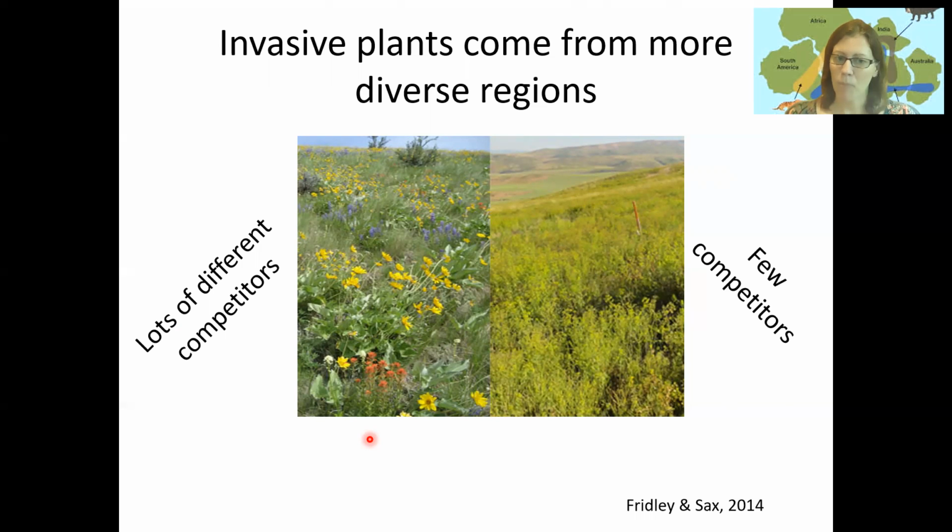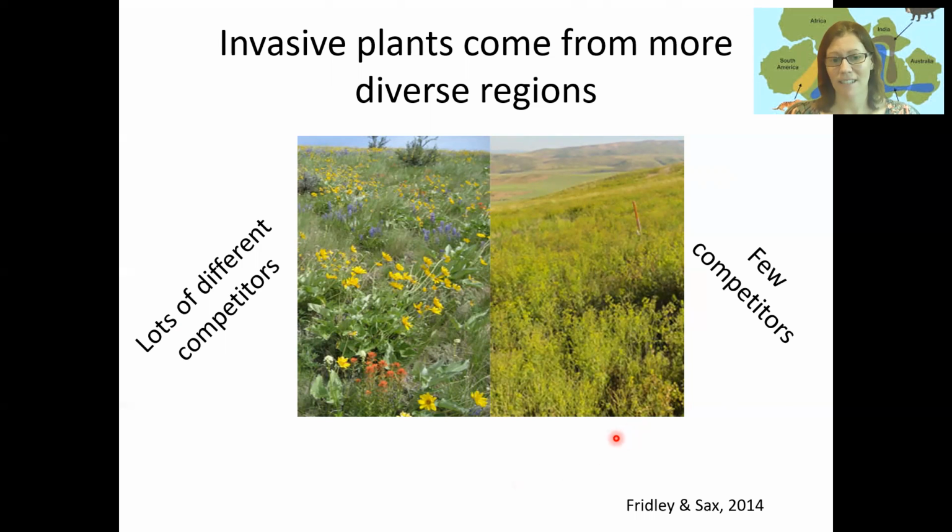And so when you've got lots of different competitors, then if you want your species to persist over time, that species is going to have to evolve more efficient traits, grow bigger, faster, stronger, more efficiently, be more competitive. Otherwise, it's going to go extinct within that ecosystem.